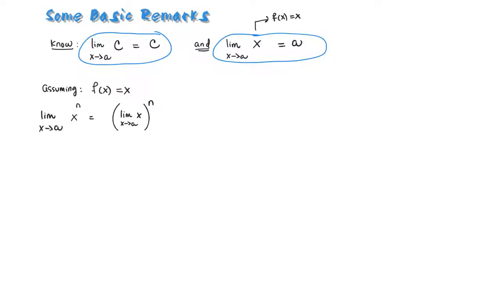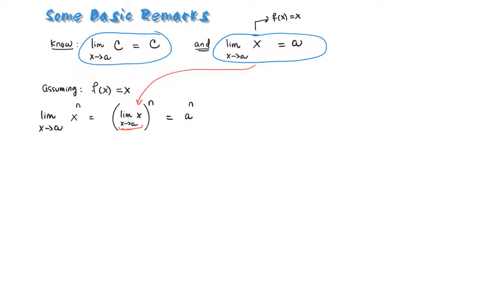And what is nice about this is that I know this limit, right? The limit as x goes to a of x happens to be equal to a. So then I end up getting a to the n as an answer. And this is another fact that we are now going to have. We're going to add this to our toolbox as well.